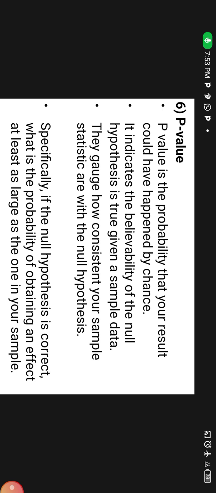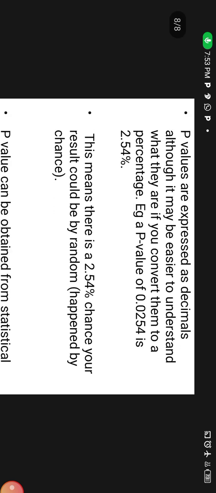So, as the p-value increases, it means that if the null is true, the probability of the observed effect occurring by chance is high. P-values are expressed as decimals, although it can be easier to understand them if you convert them to a percentage. Example: a p-value of 0.0254 is 2.54%. This means there is a 2.54% chance your result could be due to random error, that it can happen by chance.